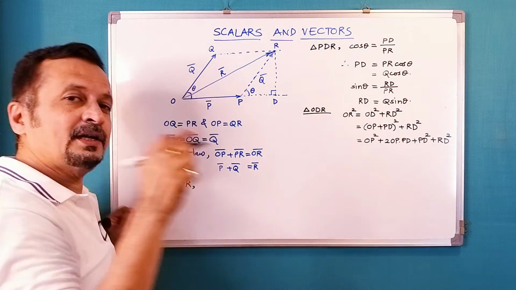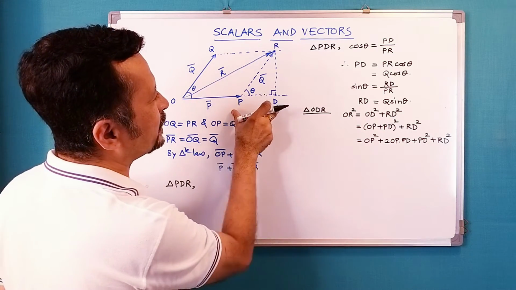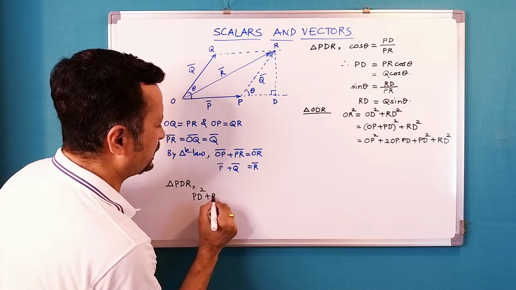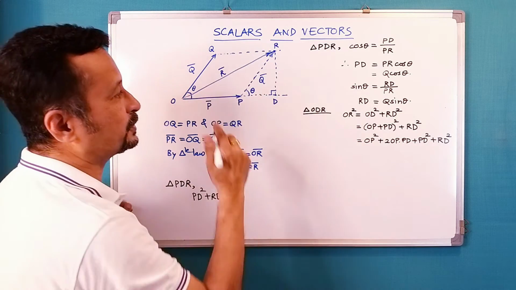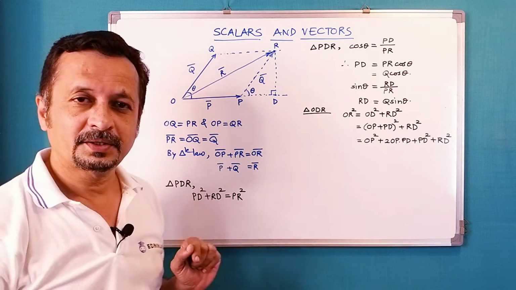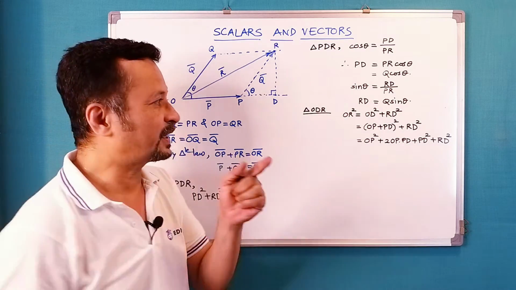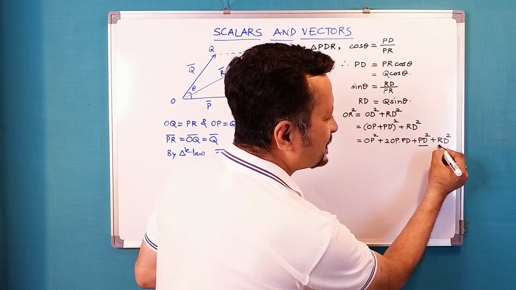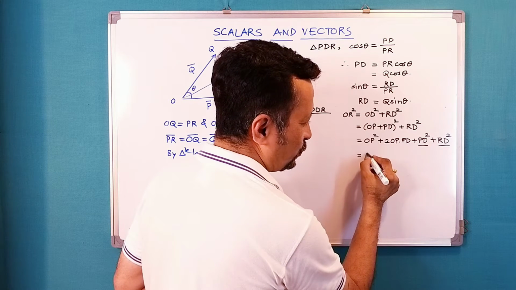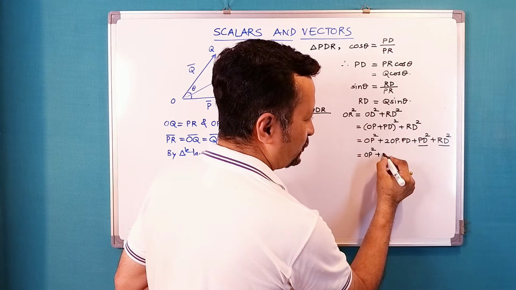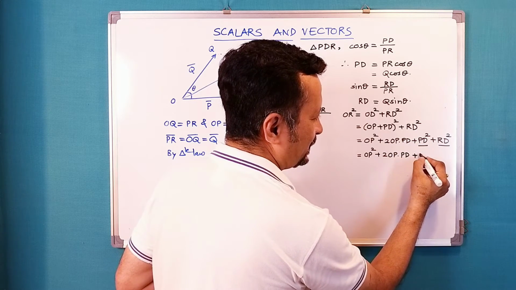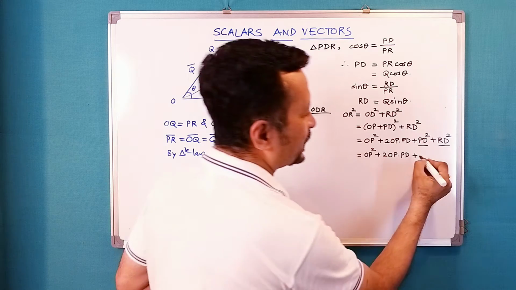In right angle triangle PDR, PD square plus RD square, is it not the hypotenuse, which is PR square? Isn't it? PD square plus RD square is PR square. I have that over there, so why not put it over there? So OP square plus 2 OP PD plus PR square is OR square.